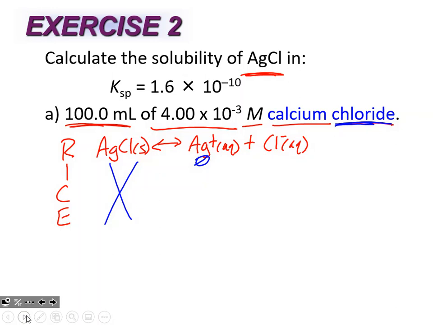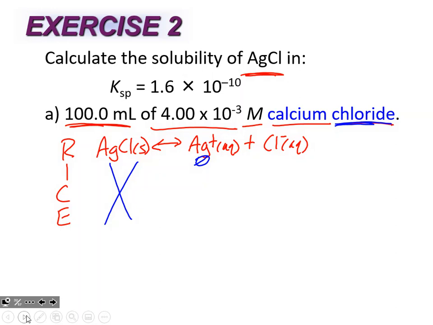The volume isn't going to affect the concentration because it's a certain moles per liter. The concentration of the calcium chloride is 4 times 10 to the minus 3. But yes, we need to know in calcium chloride how many ions of chloride are in there.